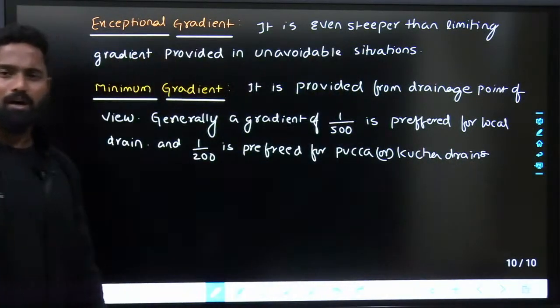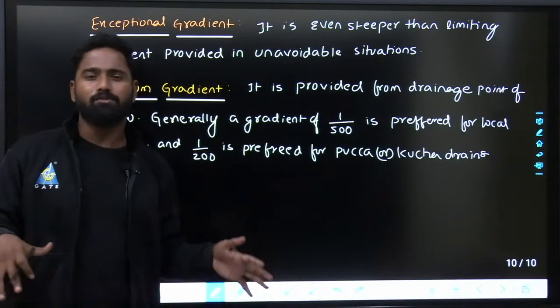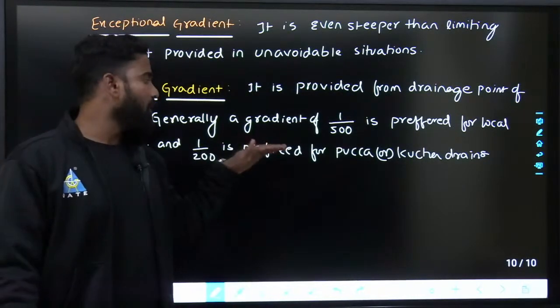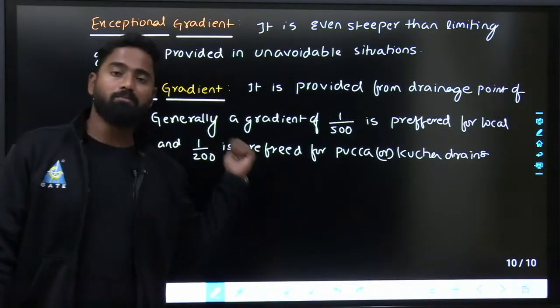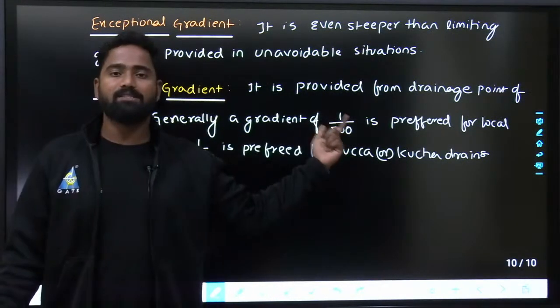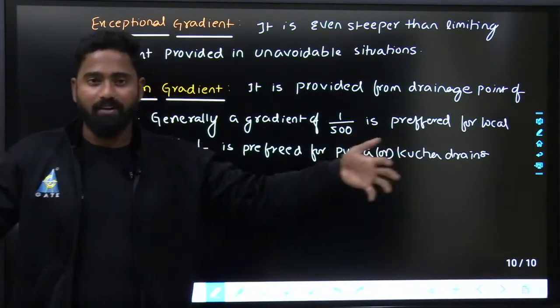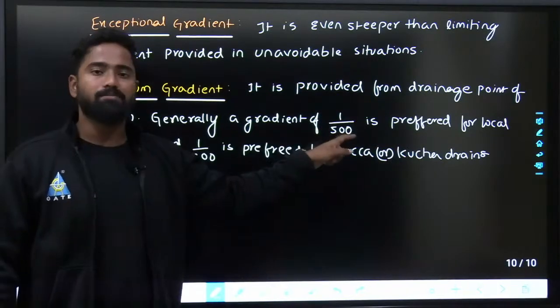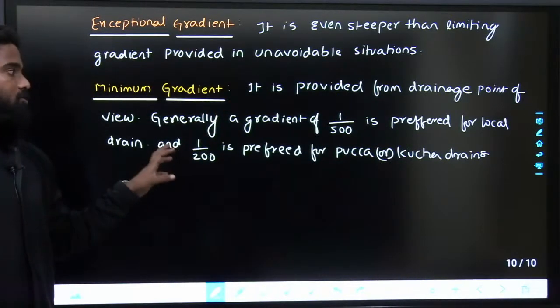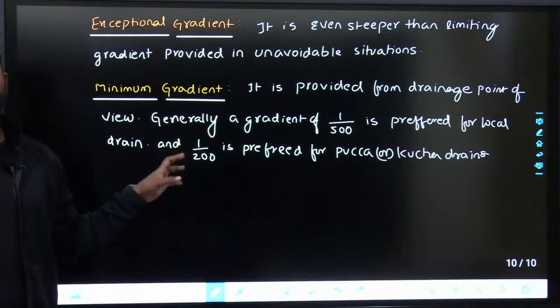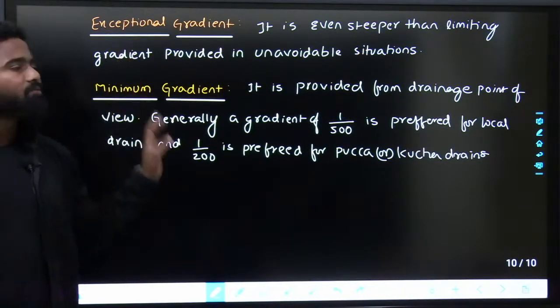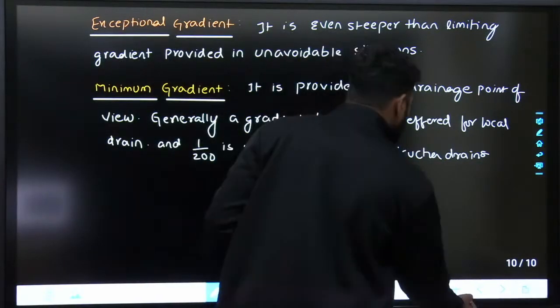If it is of cheap locality or more of mass areas, your drainage should be 1 in 200. 1 in 200 means more gradient. This is less gradient. Fine. For more civilized society, 1 in 500 is better, and for pakka or kacha drains, 1 in 200 is preferred.